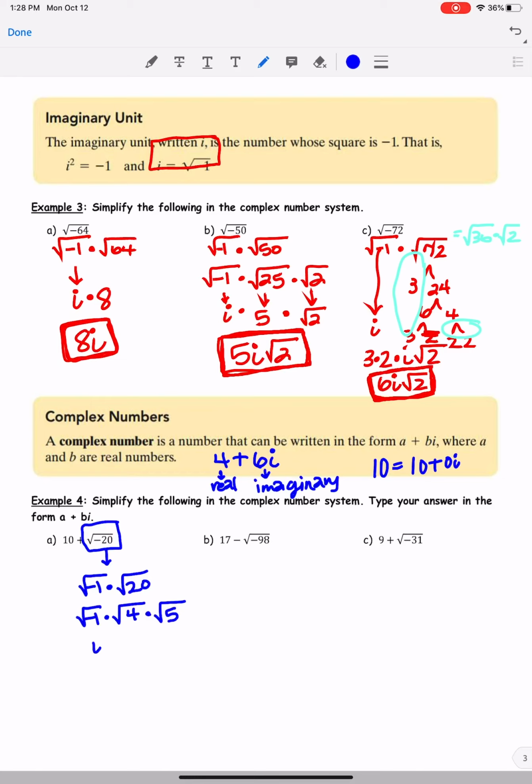So we get i times 2 times the square root of 5, so I've got 2i square root 5. And then all you are doing is bringing that number in front, that component, down. And so this is your answer. You're going to get answers like this when you start doing the quadratic formula.